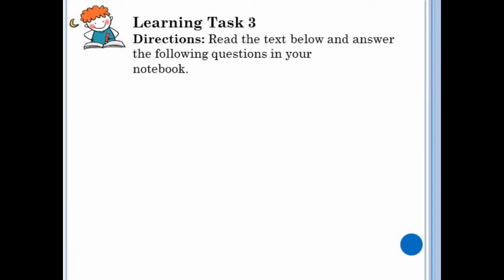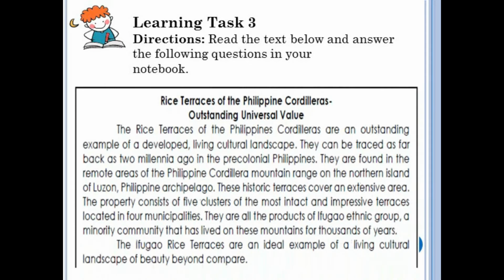Learning Task 3. Directions. Read the text below and answer the following questions in your notebook. Rice terraces of the Philippine Cordilleras, outstanding universal value. The rice terraces of the Philippine Cordilleras are outstanding example of a developed living cultural landscape.